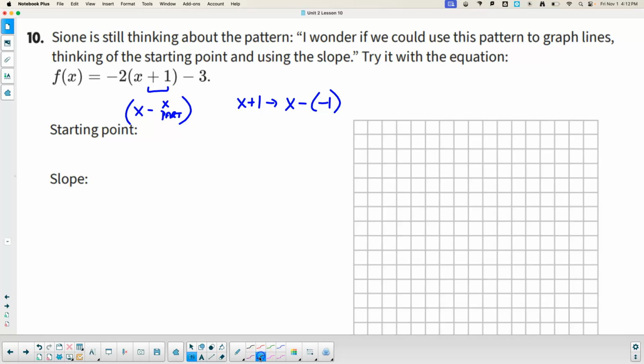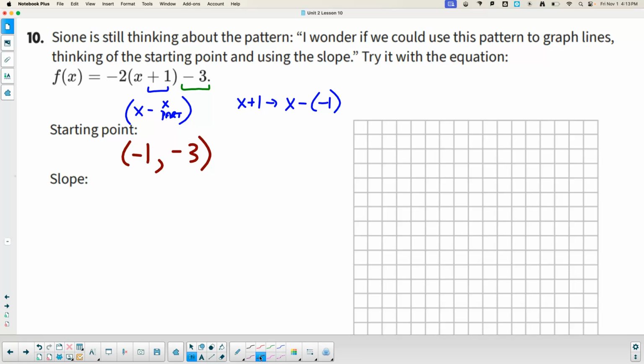So my starting point is going to be at -1, comma, and then whatever's on the outside is the y part, so that's going to be -3. The real lesson to think about here is in blue, inside a set of parentheses in math, we think oppositely.